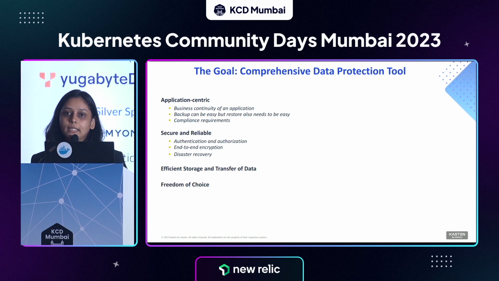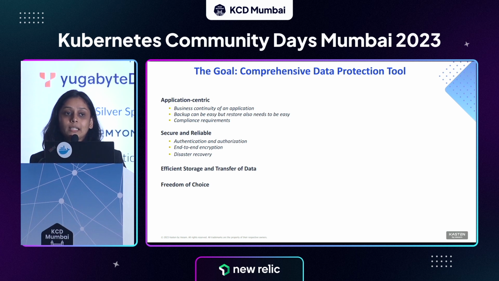That's why we need a data protection tool which has these goals. Firstly, it should be application-centric, that is, the business continuity of the application should be intact. The application should be running while the data is being backed up. Backup is, of course, easy as we have seen in the approaches, but restore also needs to be easy.